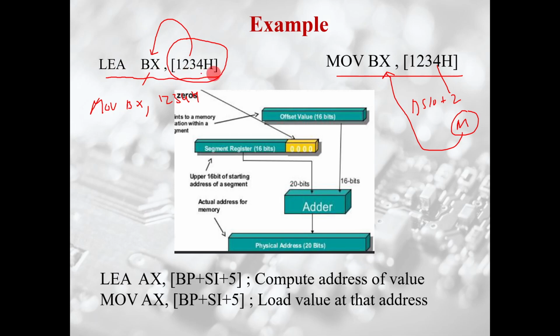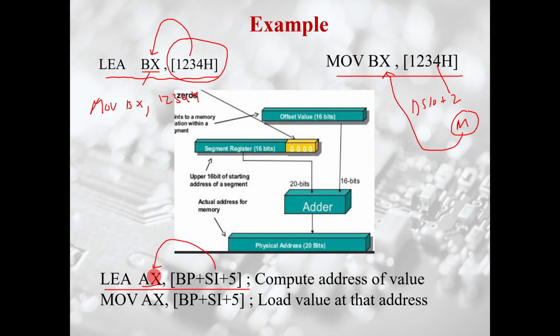Now why is this there? Take a more complex example. If I write LEA AX, BP plus SI plus something, this offset address will be computed, and finally that offset would come here. Since this offset is generally 16 bit, you always have to specify a full register here. You can't have BL or BH; it has to be BX or AX.